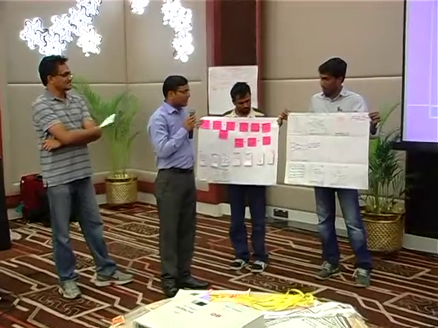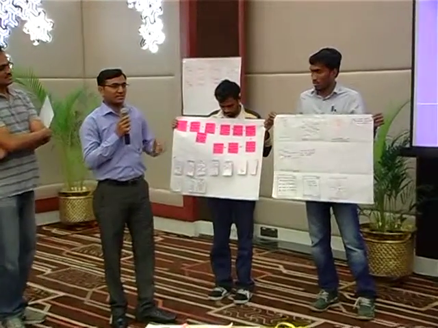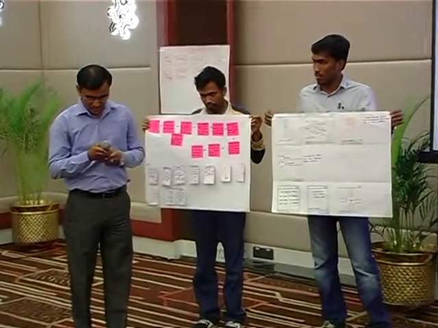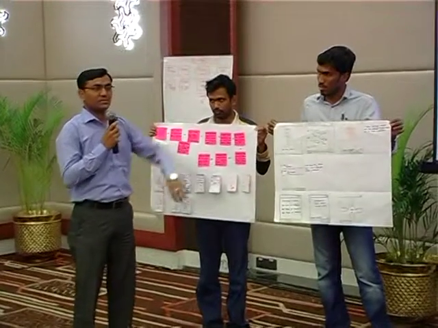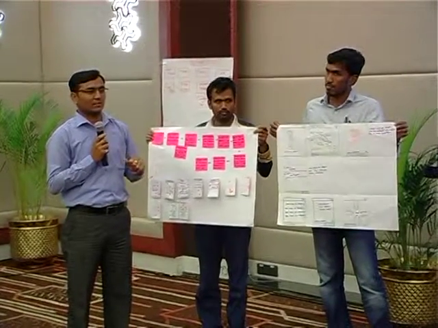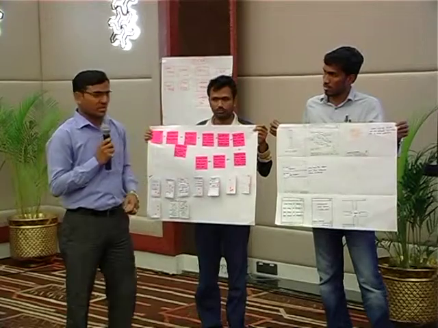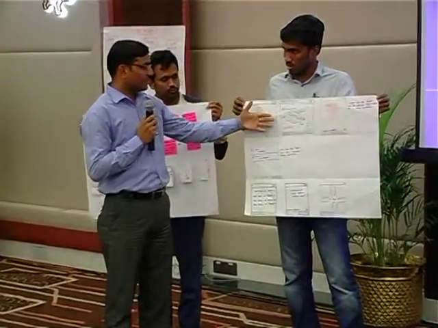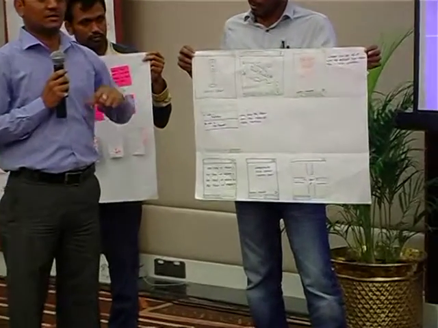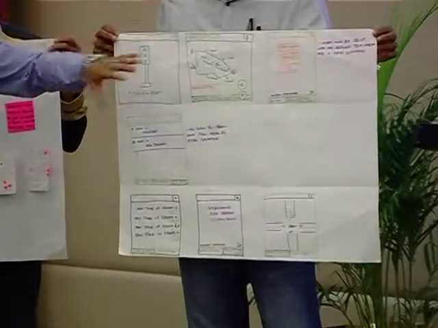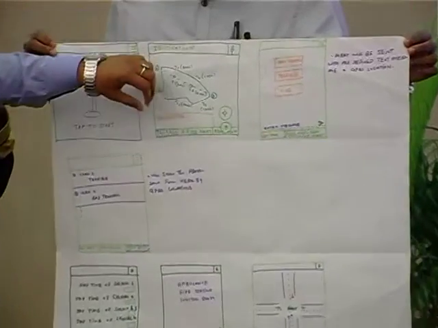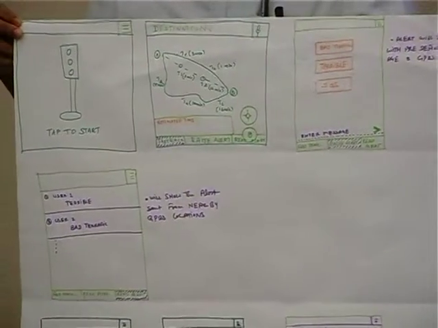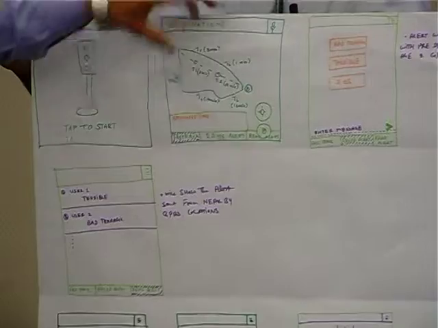We have divided our application into two sections, one for the commuters and one for the traffic police control. Starting with the commuters, we know the source of the journey from the GPS information, and you have to tell us the destination.